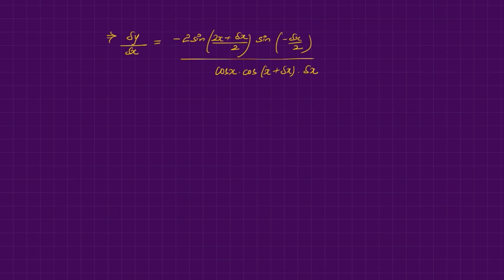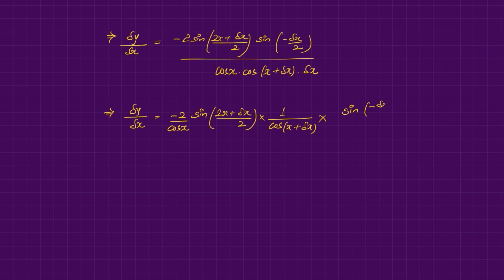Okay, so this implies del y by del x equals minus 2 into sine of 2x plus delta x by 2. This cos x can be treated as constant, so let me write with this 2, it will be cos x here into 1 by, let me write this cos of x plus delta x separately, so 1 by cos of x plus delta x into sine of minus delta x by 2 divided by delta x.